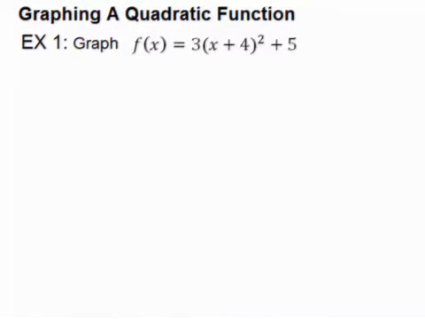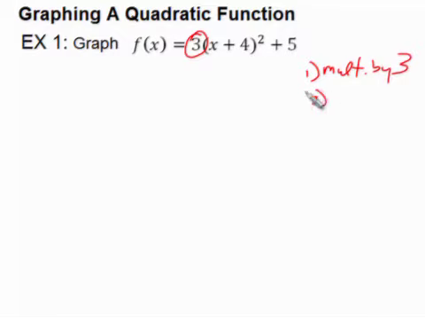Now let's look at graphing a parabola using all of the patterns discussed. If we compare our function to the simplest function, f of x equals x squared, we can see that there are 3 transformations occurring. The first is a multiplied 3. This will take all of the original y values and multiply them by 3, causing the graph to be stretched vertically.